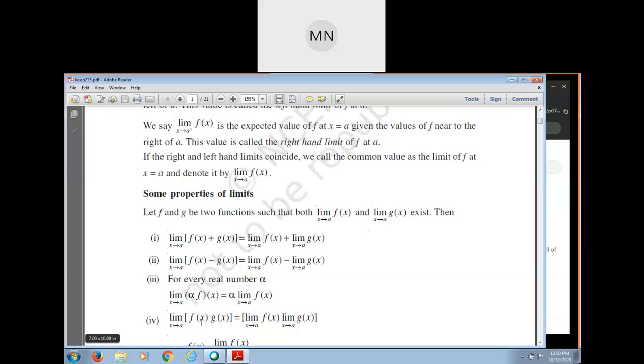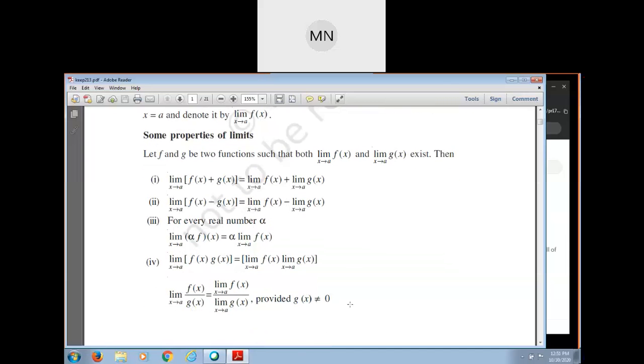Similarly, for the product, limit x tends to a of f of x into g of x equals limit x tends to a f of x into limit x tends to a g of x. Okay, these are our algebra of limits.